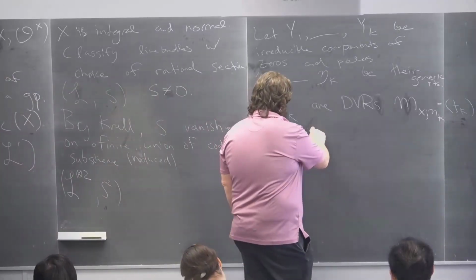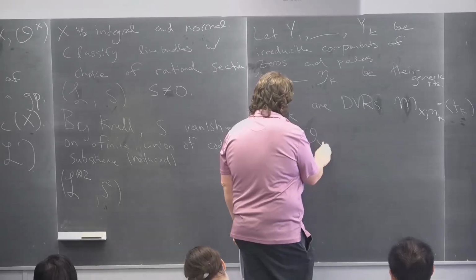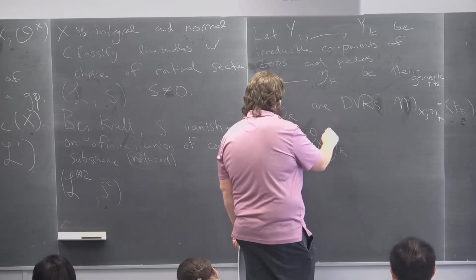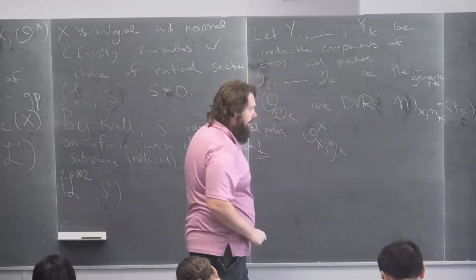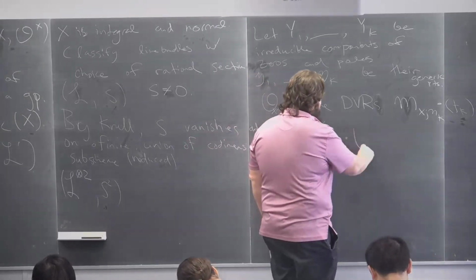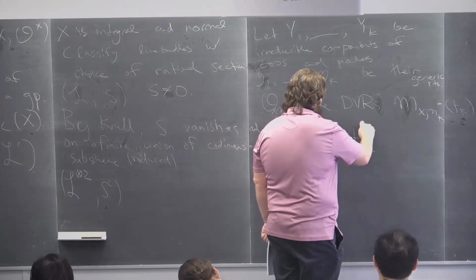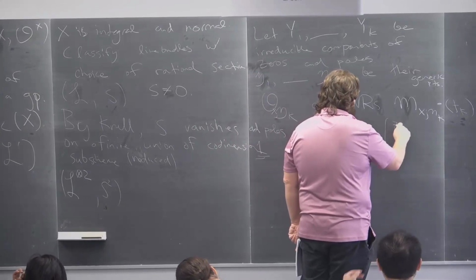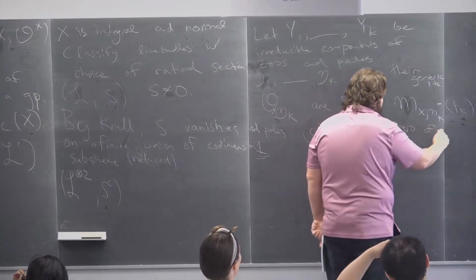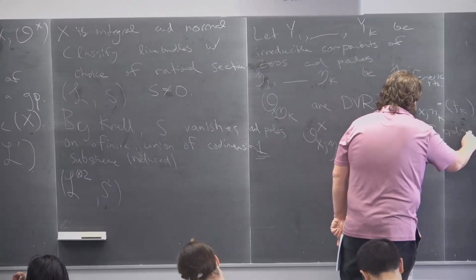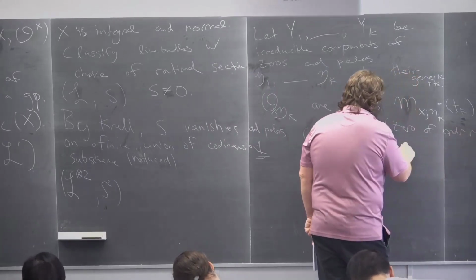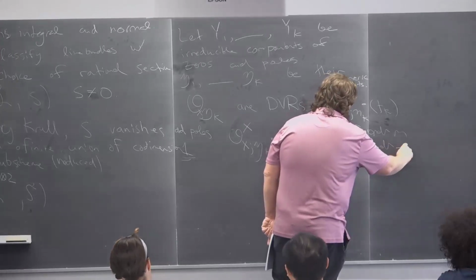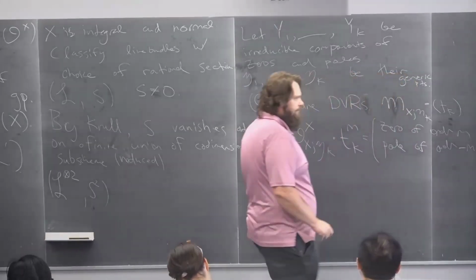So if I take this local ring and I take its unit group and I multiply that by t_k^m, that equals either a zero of order m or a pole of order minus m.